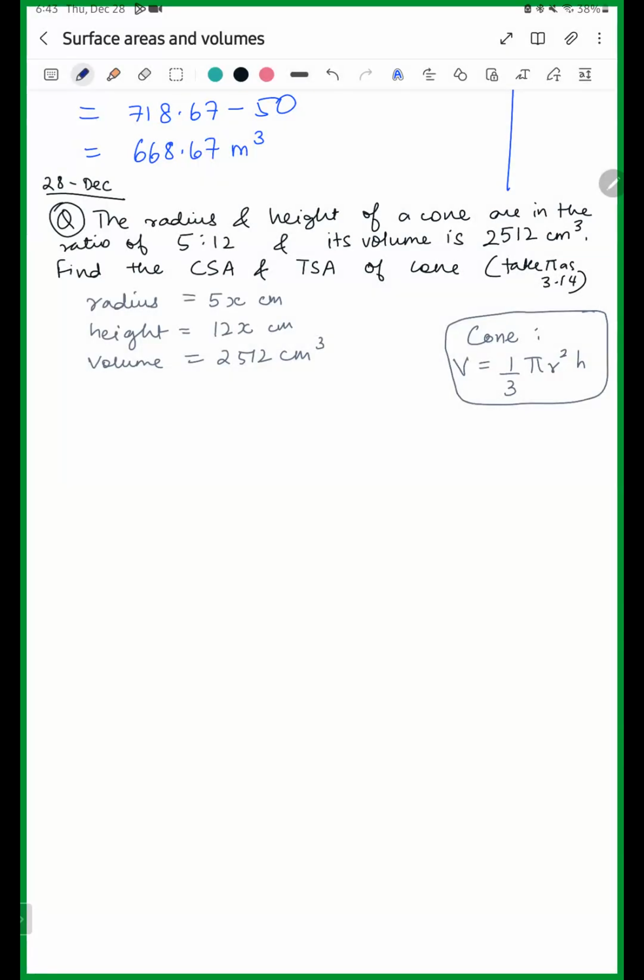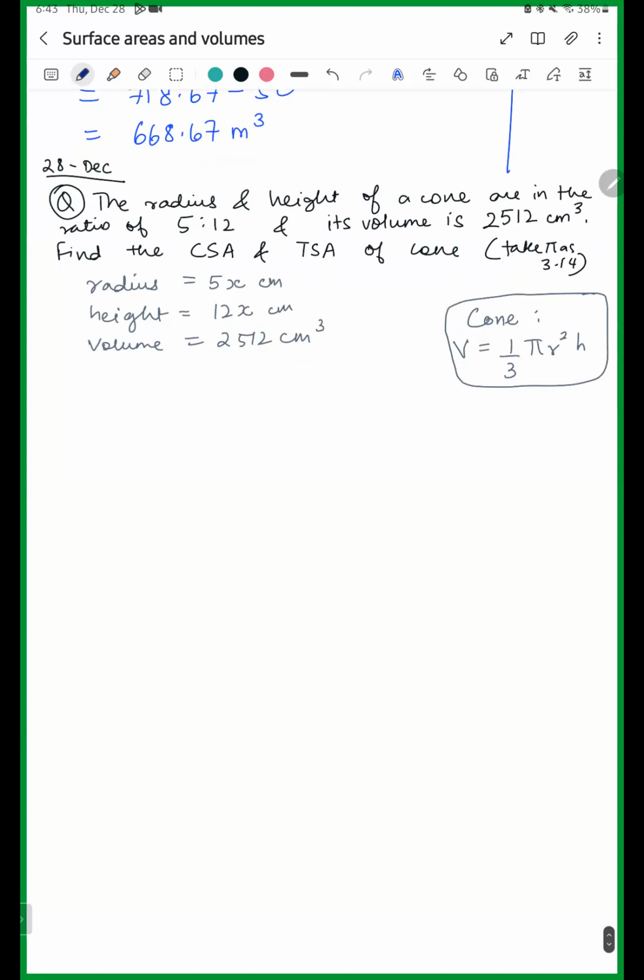So now in place of volume we put 1 by 3 pi r square h, and that is equal to 2512. Now 1 by 3 pi we have to take as 3.14. R square is going to be 5x into 5x, and h is going to be 12x, is equal to 2512.